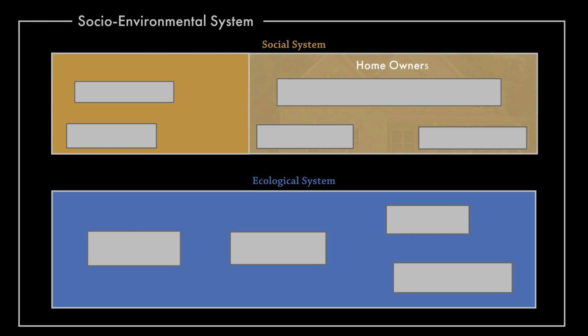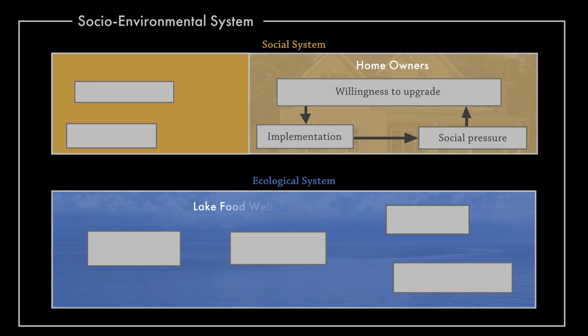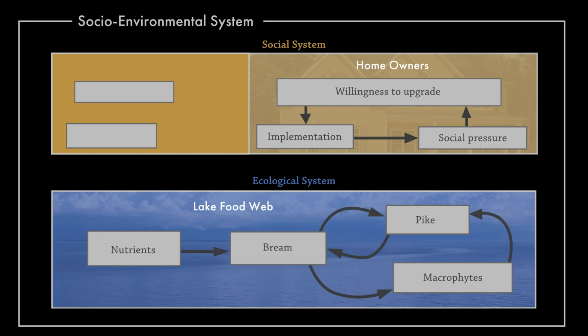So for example, there might be a system of homeowners that consists of subgroups that have different attitudes or social pressures, and they may interact in ways that influence the state of the surrounding environment. In the ecological subsystem, or system shown here, different levels of the food web have different dynamics, but they interact with other food web subsystems.